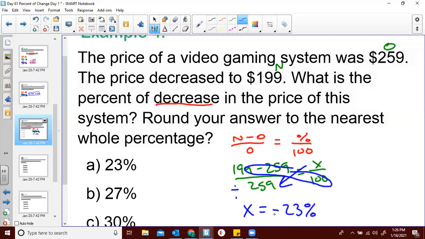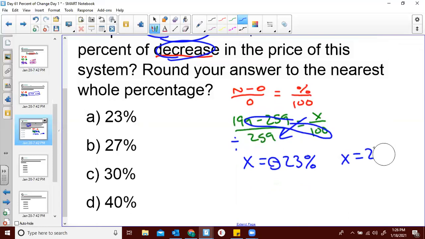But we know that this negative is just saying that it is decreased. So our x is actually going to be 23%. So A.